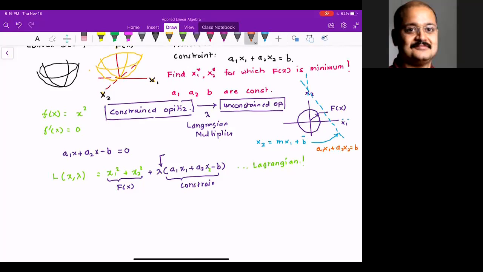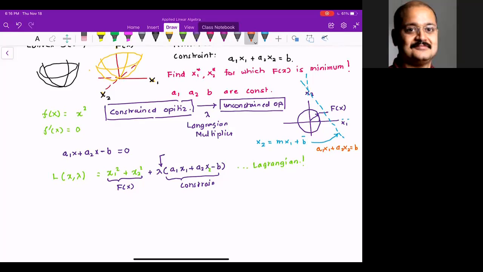Now let me ask you the most logical question. If I want to change the radius of the circle, and at the same time my variables x1 and x2 should be on that line, where would that circle touch the line?